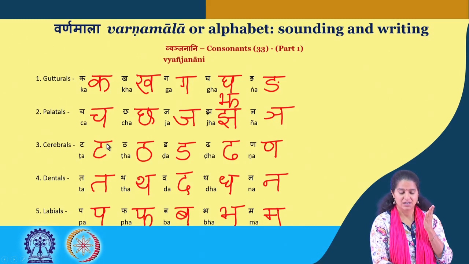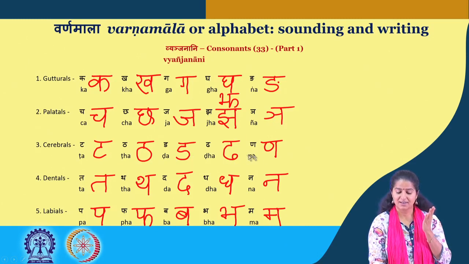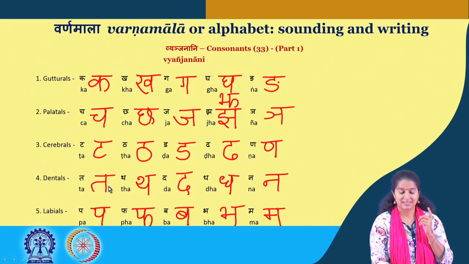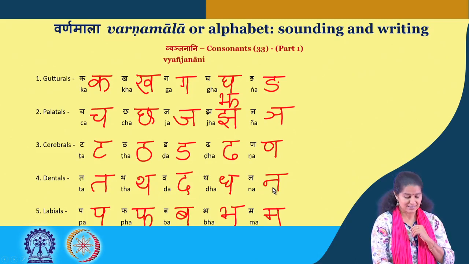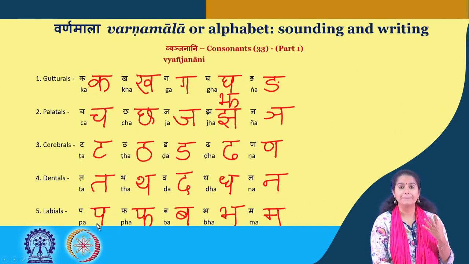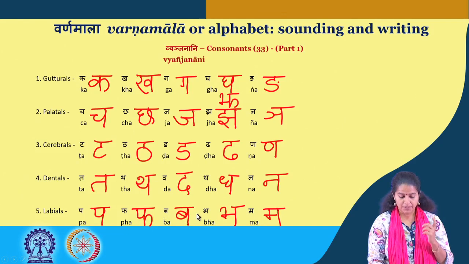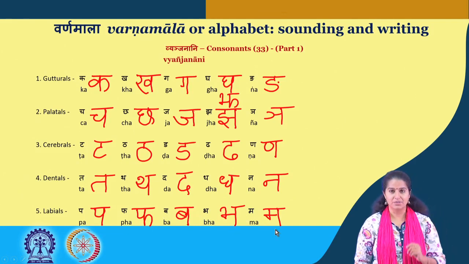Next, T, Th, D, Dh, N. That's the cerebral series. Next, T, Th, D, Dh, N. That's the dental series. And then the P, Ph, B, Bh, M, the labials.